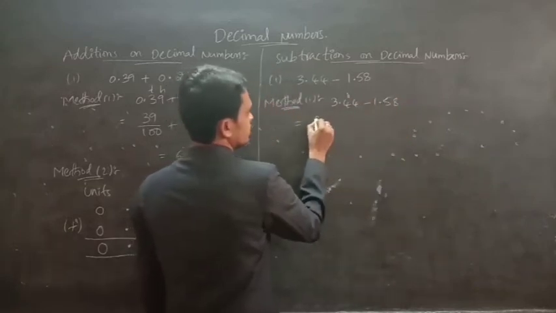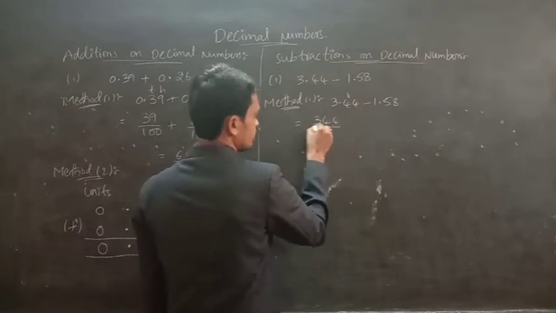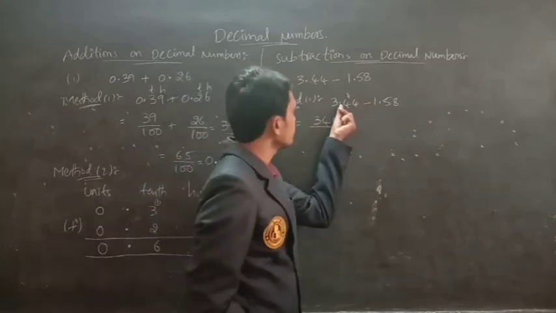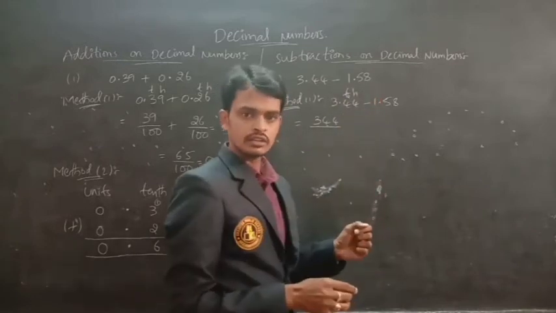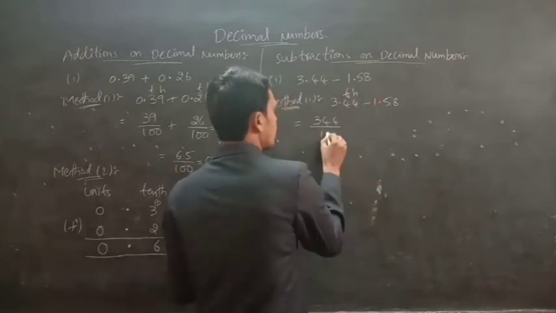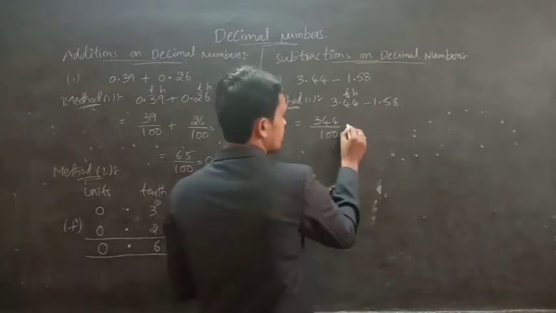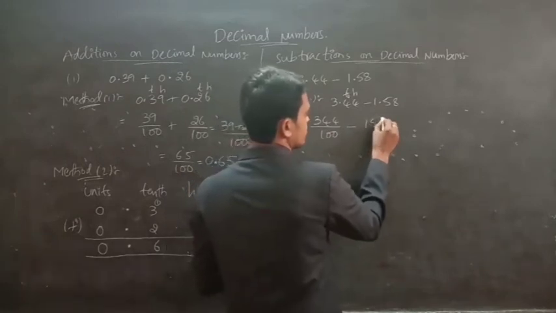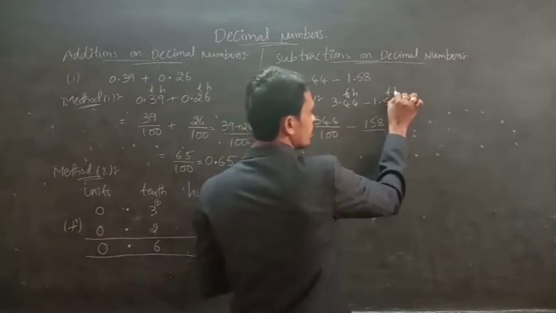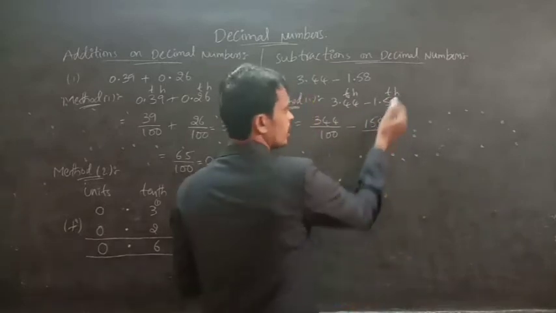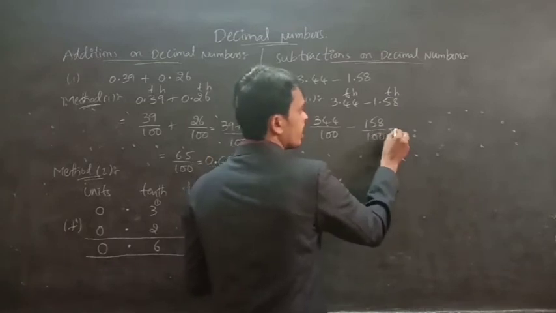Here 344 by 100, since there is a point after the tenth and hundredth places, hundredth means we divide by 100. Minus 158 by 100 as well.